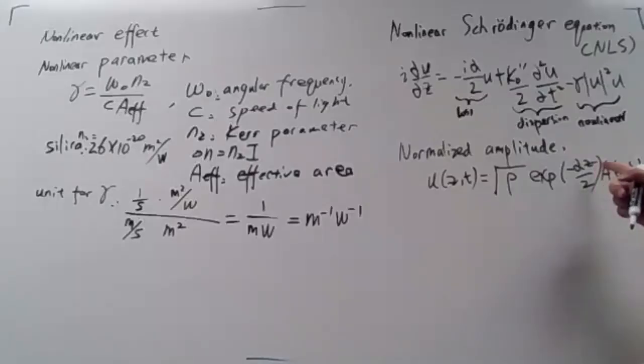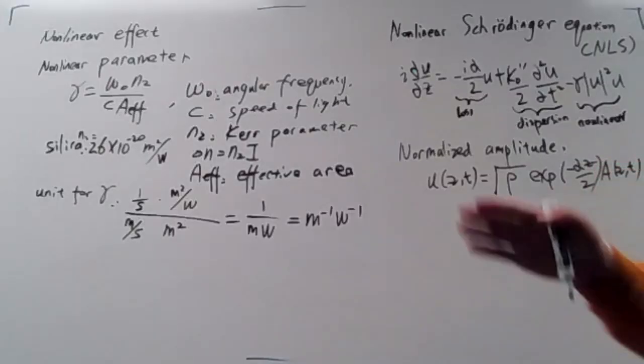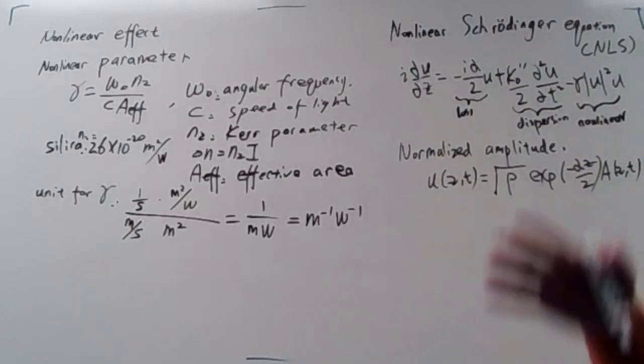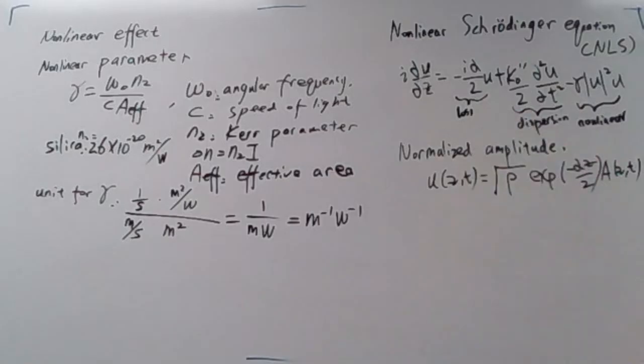If you increase z, it will decay exponentially. The purpose of adding this term is that later on you will see we cancel out this loss term, so we're able to use a normalized format.